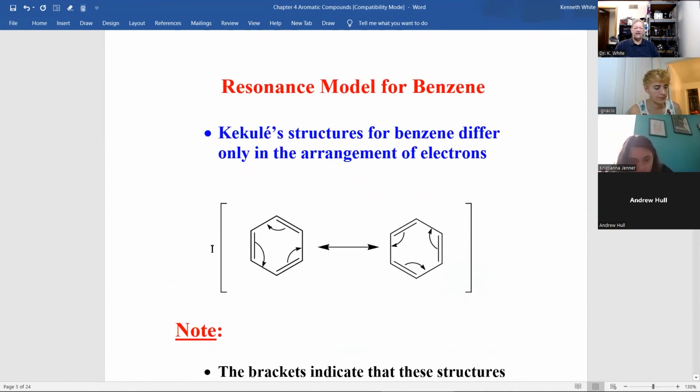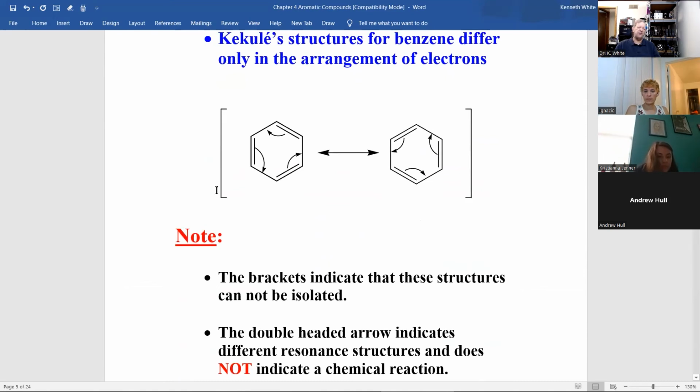Now, in benzene, we have what's known as resonance. Resonance means you move electrons. I used to put brackets, but you don't really have to. It exists in either form. And the double-headed arrow is different from the equilibrium arrow.